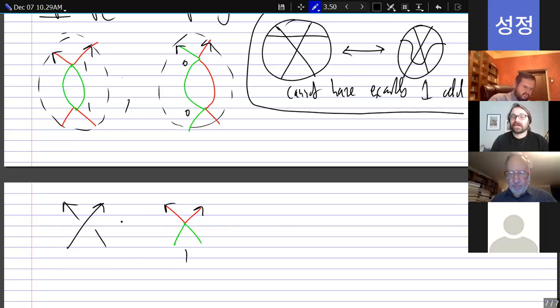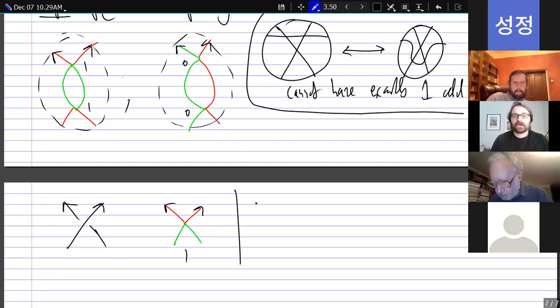I don't care whether this is a self crossing between a component and itself, or a mixed crossing between two distinct components. It makes no difference for this parity definition, and that's a feature that is not shared by the other extensions of parity to links. They fundamentally separate crossings into mixed and self, and have a different way to compute the parity depending on which kind of crossing it is. This is a benefit of the two color parity: I don't need to know that. I just compute it completely locally at a crossing.